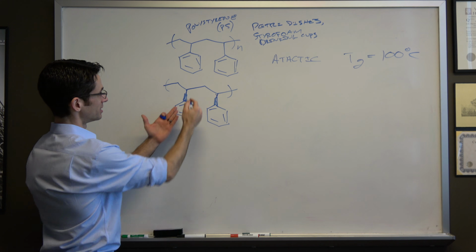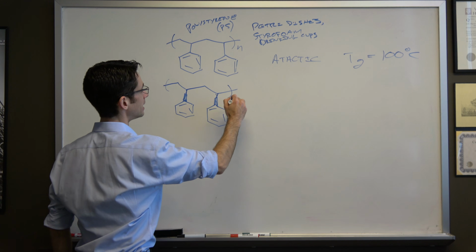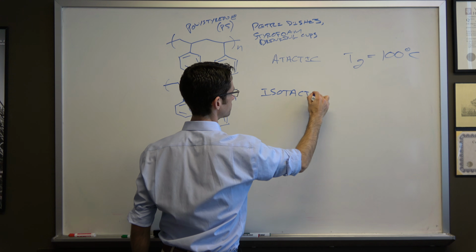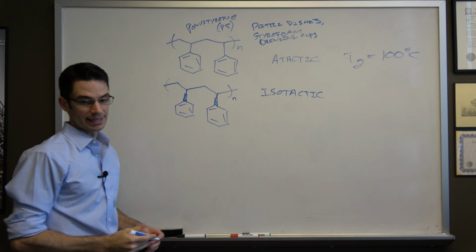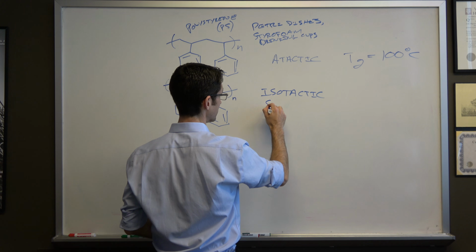And so these wedges here mean that the benzene rings are pointed out. And this is called isotactic. Now, isotactic polystyrene is semicrystalline.